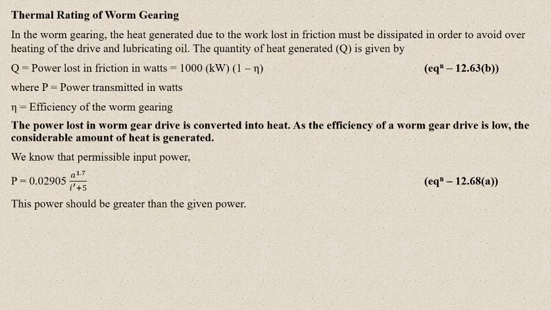As the efficiency of the worm gear drive is low, a considerable amount of heat is generated. So permissible input power is 0.02905 into A raised to the power 1.7, A means here the center distance, upon I dash plus 5. This power should be greater than the given power.